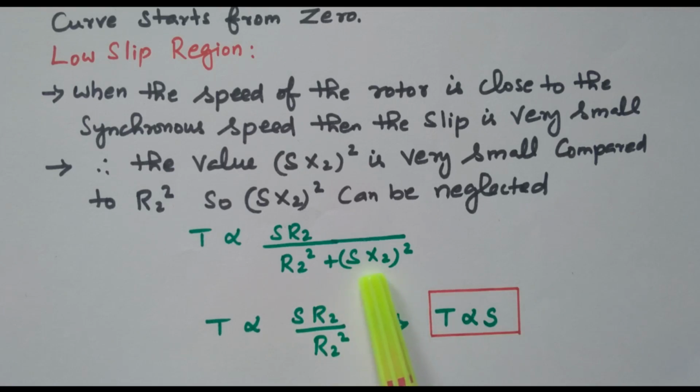In this we neglect the term S X2 square, so it becomes S R2 divided by R2 square. From this it is very clear that the torque is proportional to slip. When the slip increases, the torque also increases. So during low slip region, torque is directly proportional to the slip. Now we will see the diagram.